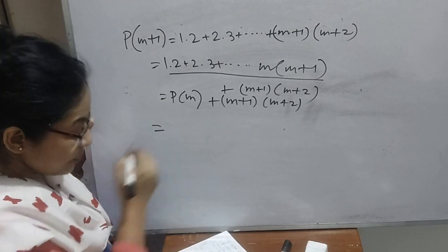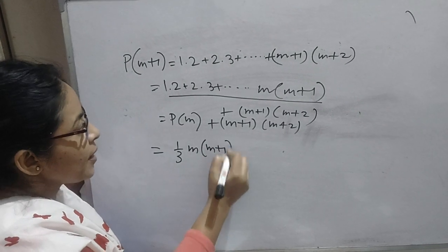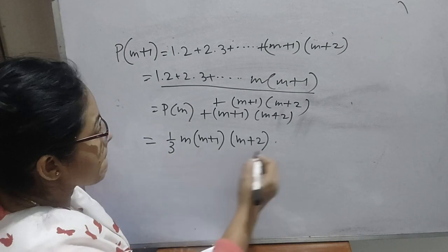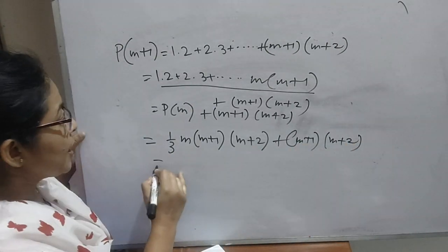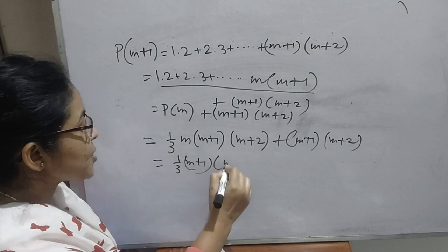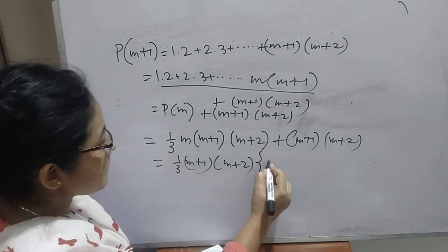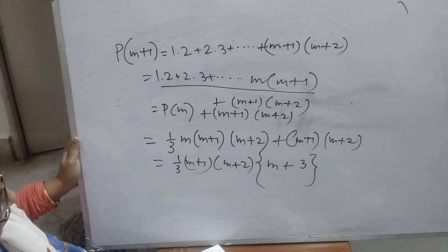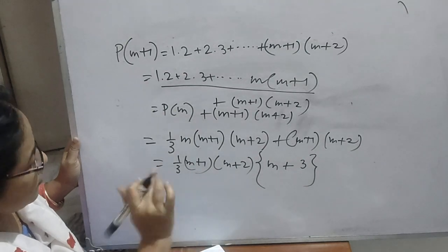This equal to 1/3 m (m plus 1)(m plus 2) plus (m plus 1)(m plus 2). If I take common 1/3 (m plus 1)(m plus 2), then I can write (m plus 3). Okay.